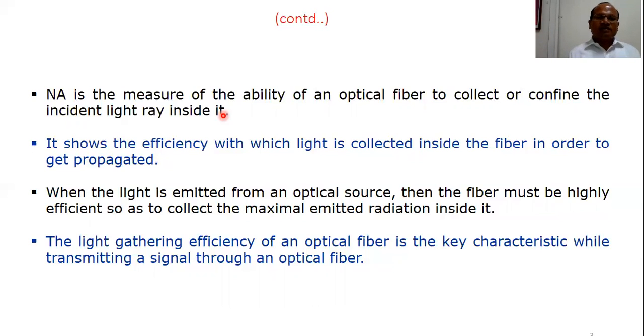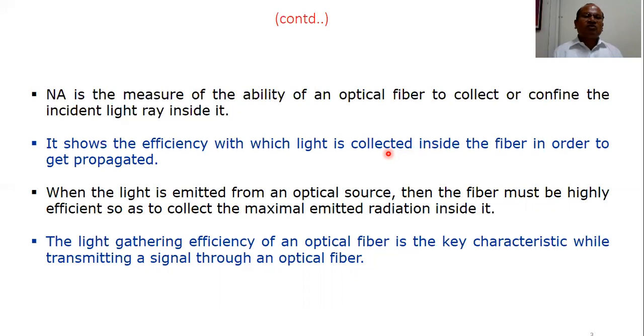Numerical aperture also shows the efficiency with which light is collected inside the fiber in order to get propagated. This is very important: the maximum efficiency with which light can be collected so that it is propagated inside.